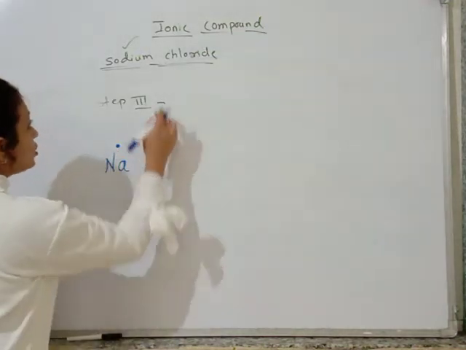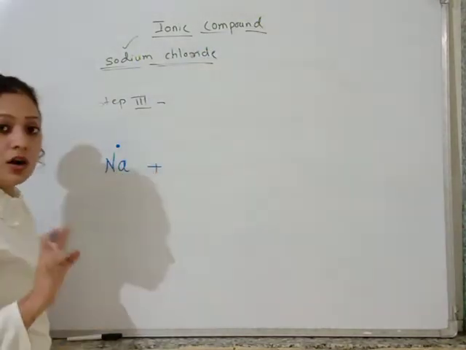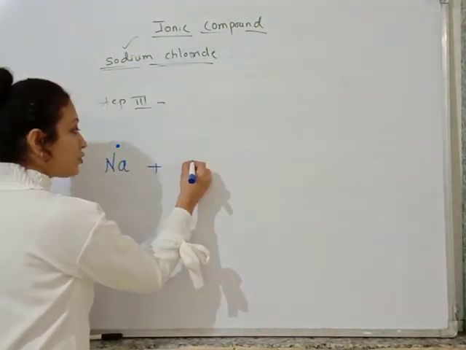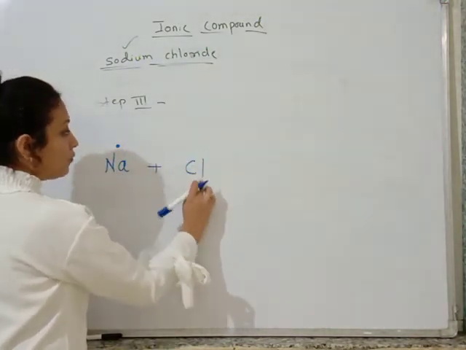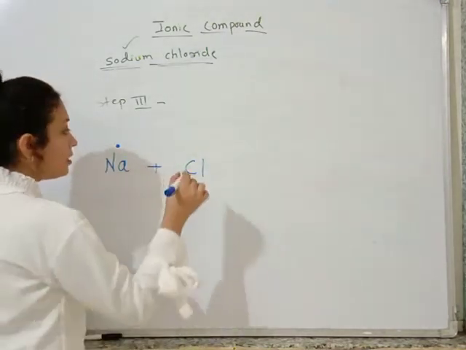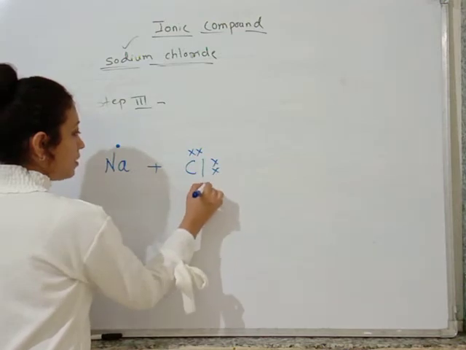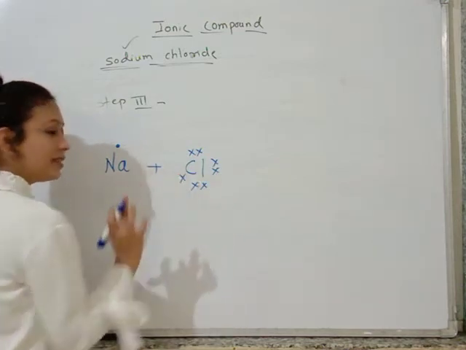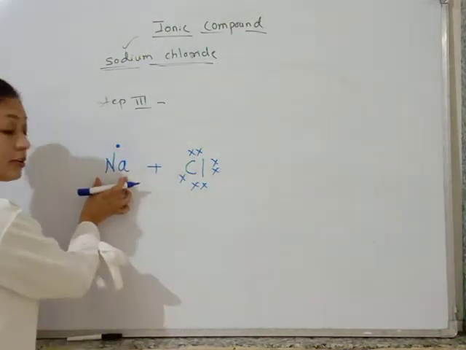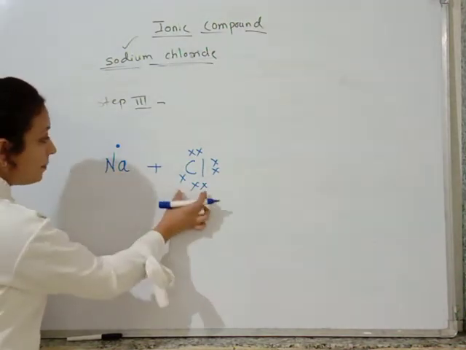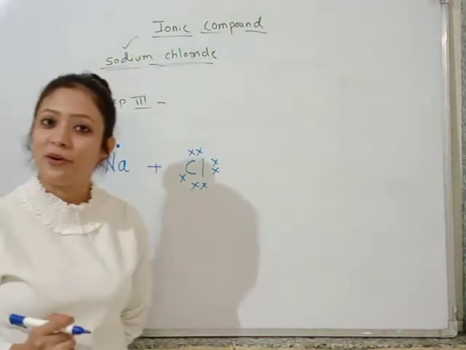And now which non-metal is getting involved here? Chlorine. So we have to write the electron dot structure of chlorine. What is the electron dot structure of chlorine? It's 1, 2, 3, 4, 5, 6 and 7.